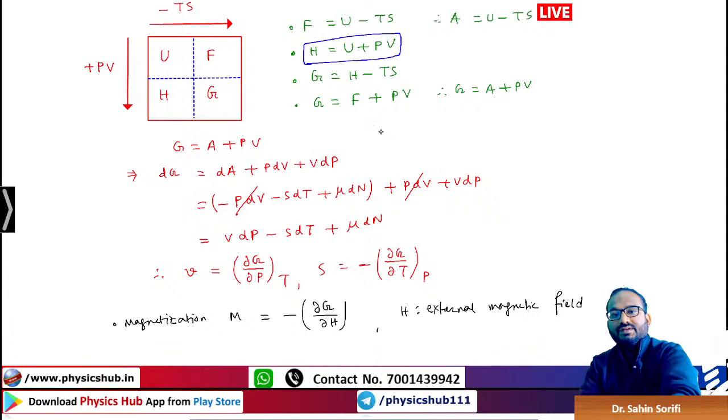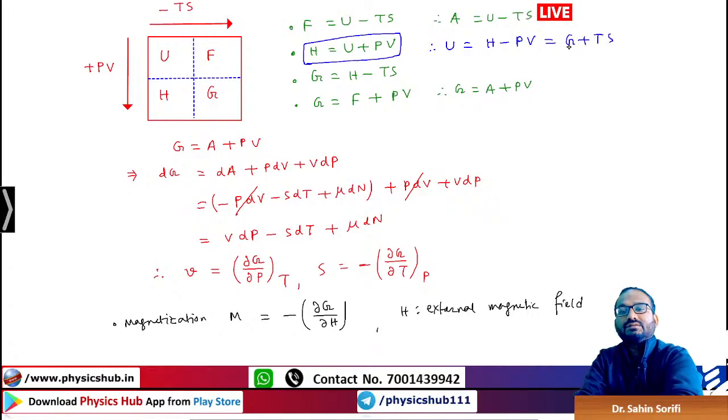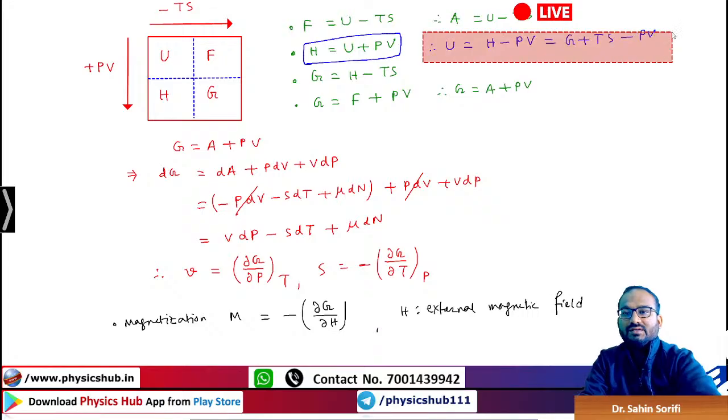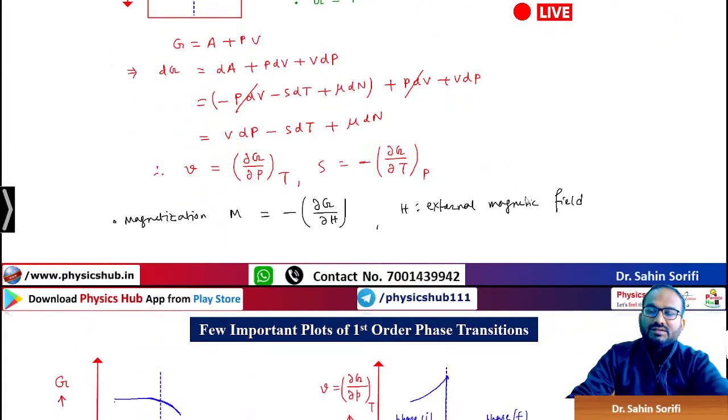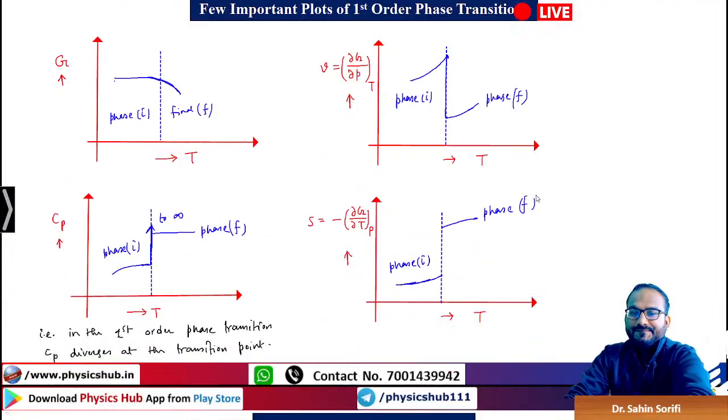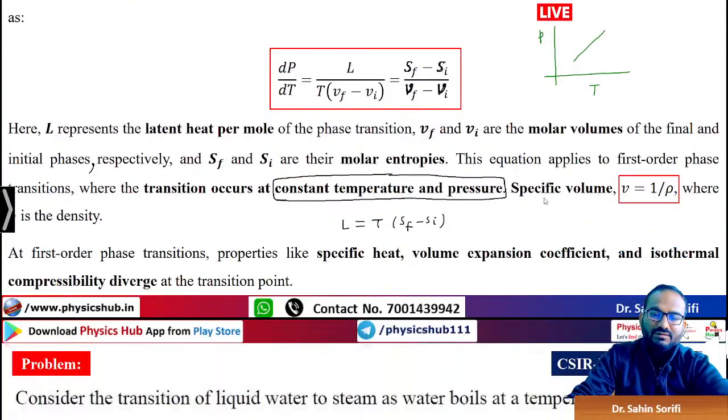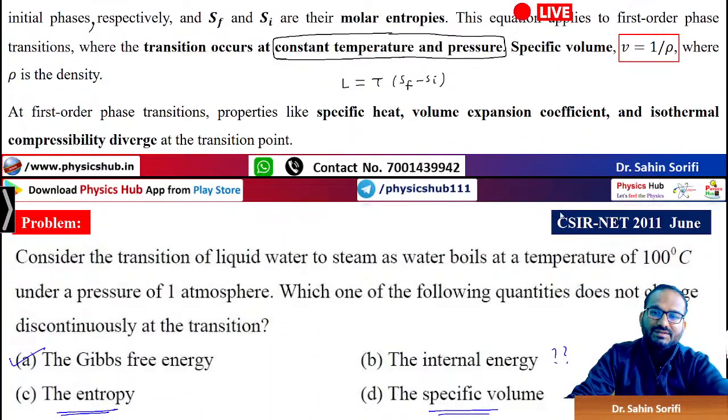So from here, U is equals to H minus PV, H is equals to G plus Ts, yes, we need to correlate G and S. So that is why we are using this formula. So now look at it. U is equals to G plus Ts minus PV. So from this, can you conclude that U is discontinuous?